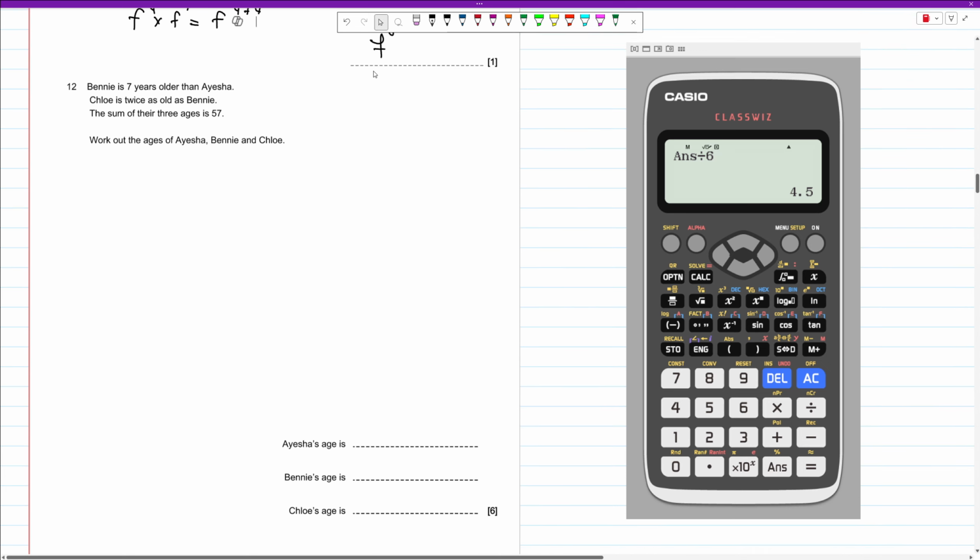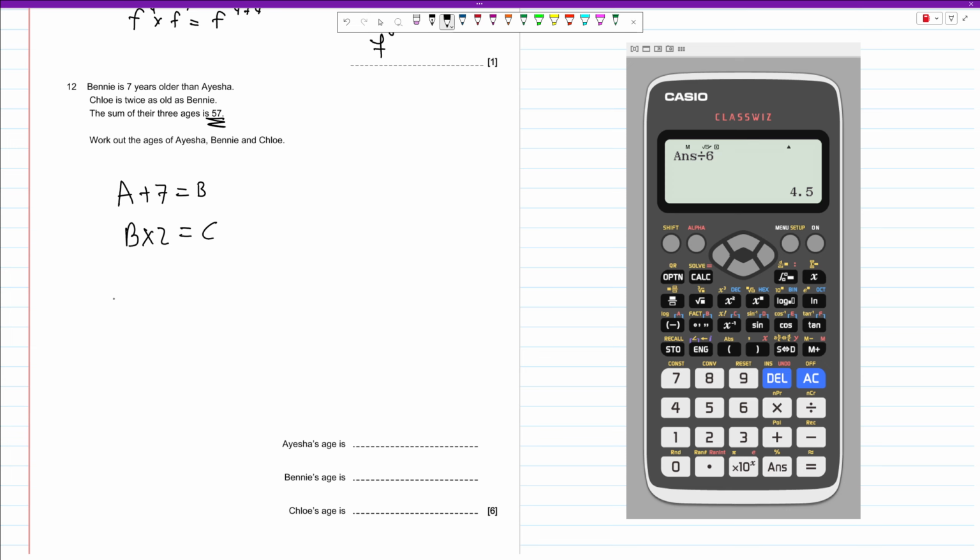Okay, Benny is 7 years older than Aisha. Okay, so A plus 7 is Benny's age. Chloe is twice as old as Benny. Okay, so Benny times by 2 is Chloe, and the sum of all their ages is 57. Okay, so A plus B add C is 57.